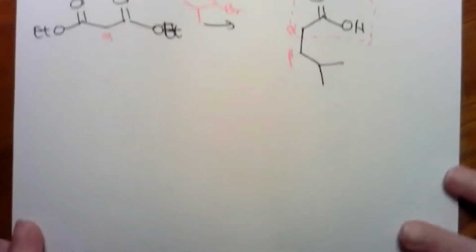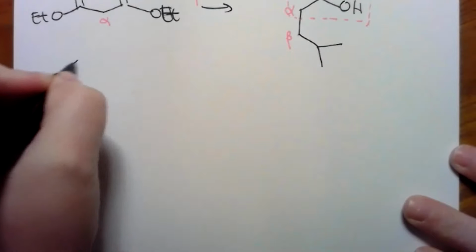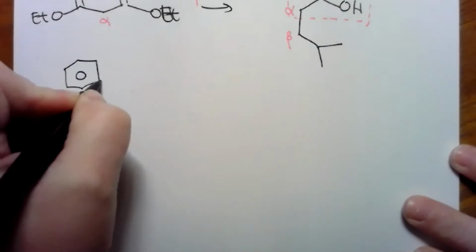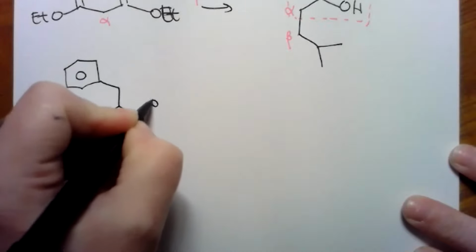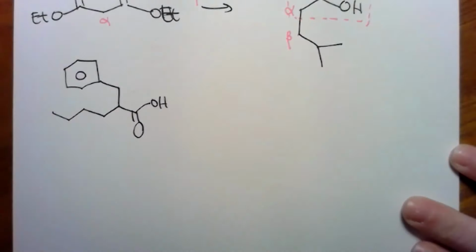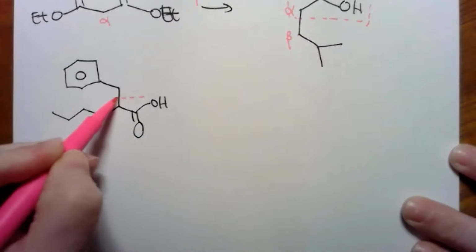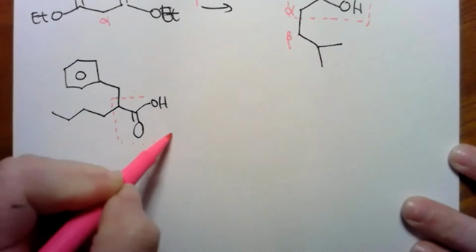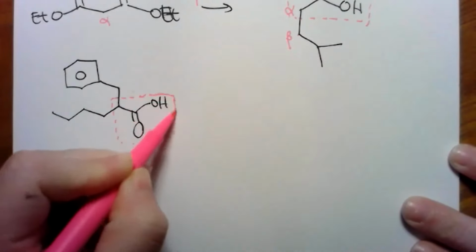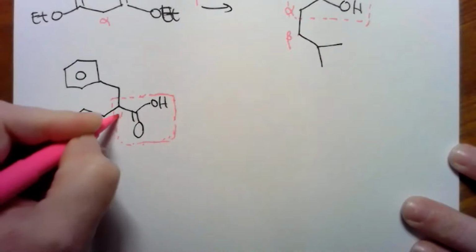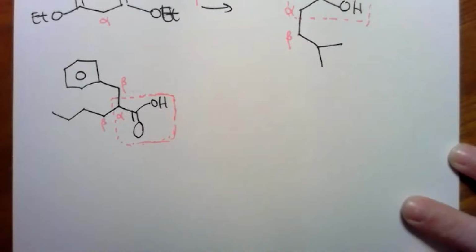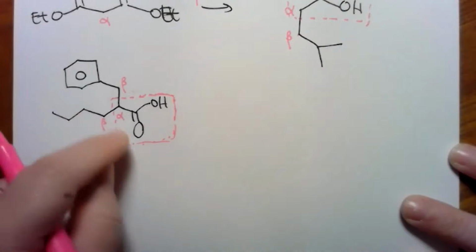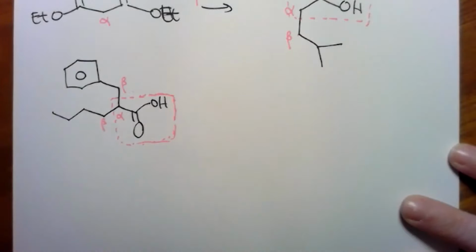So if you were told, propose a synthesis of the following, and you recognize this is acetic acid with substitutions at the alpha carbon, yeah, you can make this thing through the malonic ester synthesis.